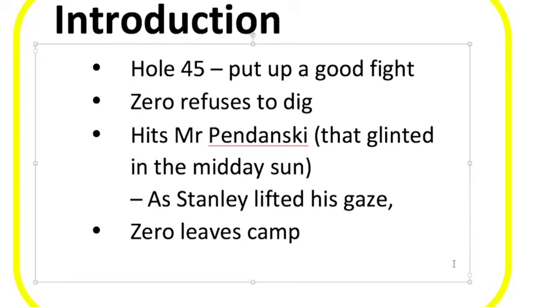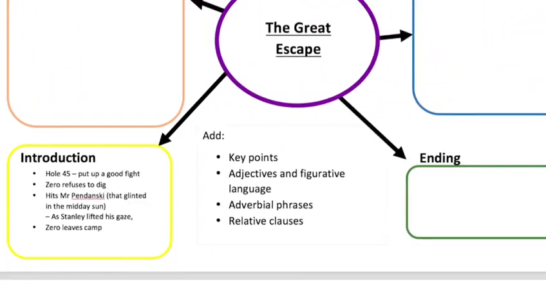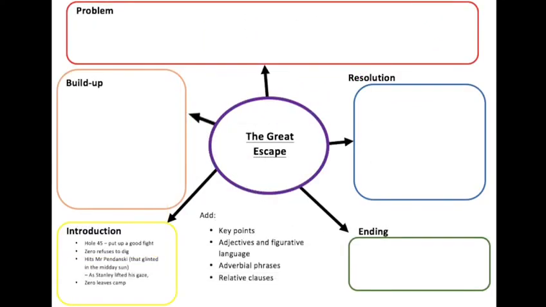And I've also got a relative clause, that glinted in the midday sun. Now I'm going to insert that into the middle of a sentence when I talk about Zero picking up his shovel. That's how it should look when you're planning as well, unless you've chosen a slightly different format, but the same rules apply. Get the key points in, then think about your adjectives, figurative language, adverbial phrases, relative clauses, but make them meaningful.